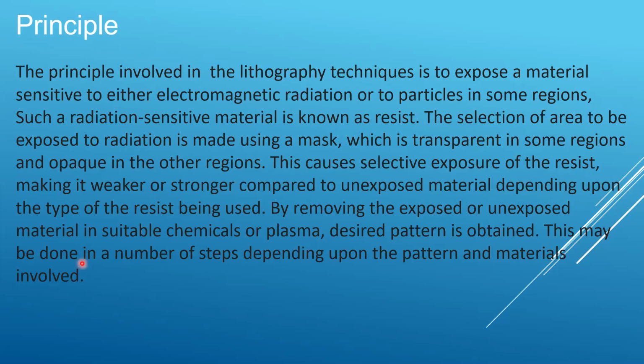This may be done in a number of steps depending upon the patterns and materials involved. Now, students, I can understand that with this principle you are feeling vague. Definitely I can sense it. This principle is not giving the accurate information required to understand photolithography so precisely.